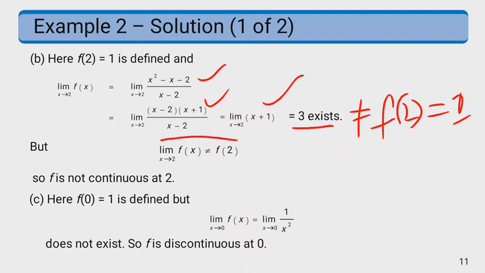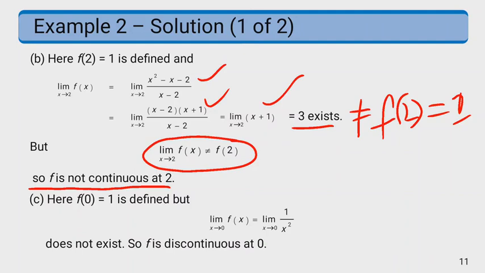The limit exists, but the function is not continuous at x equals 2 because the value of the function is not the same as the limit. So we'll conclude that f is not continuous at x equals 2, just because the value of the function is not the same as the limit.